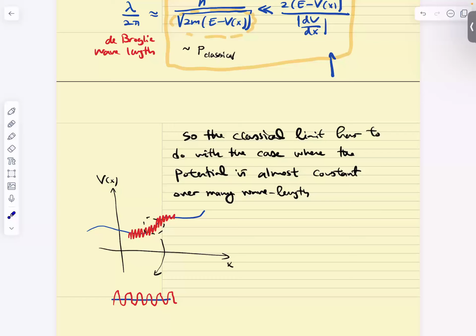It's going to look basically flat. But this oscillates so fast that even after zooming in, this is still oscillating. That's the approximation. The oscillations of this are at a much smaller scale than the potential. From the point of view of the oscillation of the wave, the potential looks flat at every point.